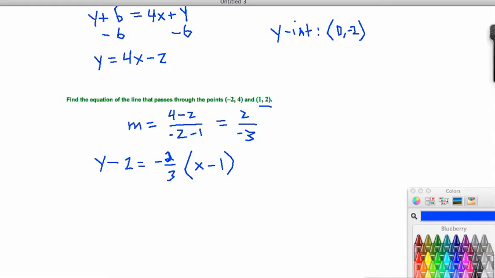If we wanted to simplify this, we'd have to distribute this negative 2/3. So y minus 2 equals negative 2/3 x, and then negative 2/3 times negative 1 is just plus 2/3.